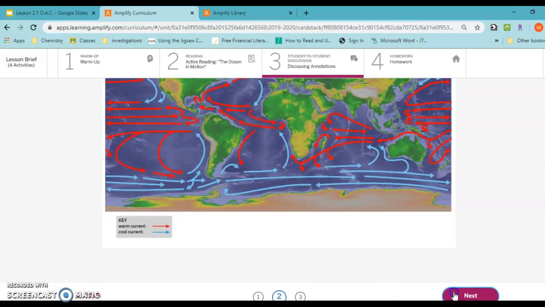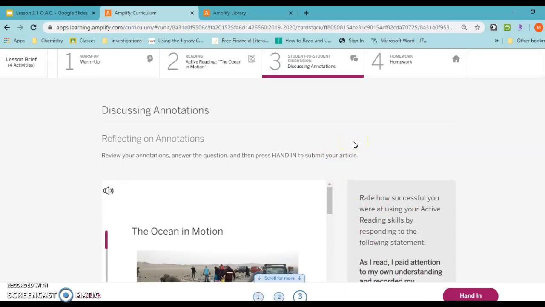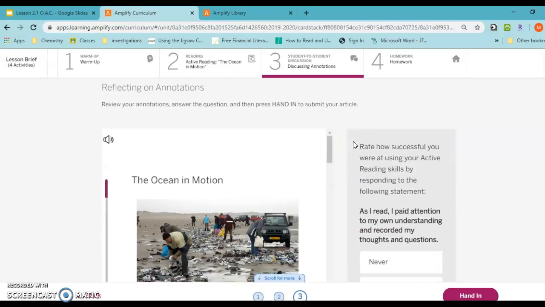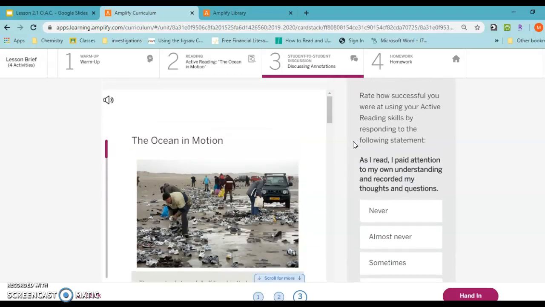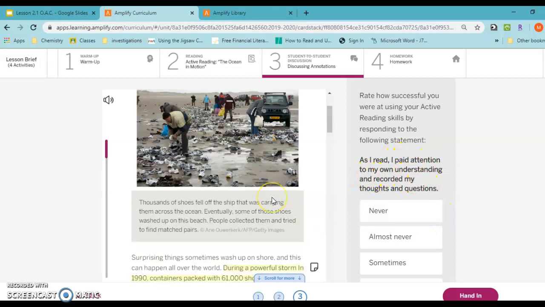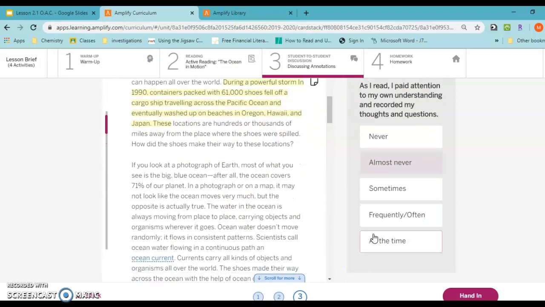And that's the only thing we have to do in our student discussion because there is no one to discuss with. What you can do is rate your active reading skills. So as you read, did you pay attention to your own understanding and record your thoughts and questions? Well, Miss Jackson did it sometimes, right? Because I didn't read the whole article. But you guys are going to read the whole article and you're going to be honest.